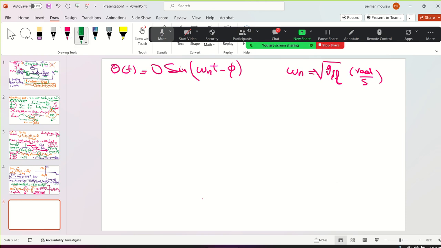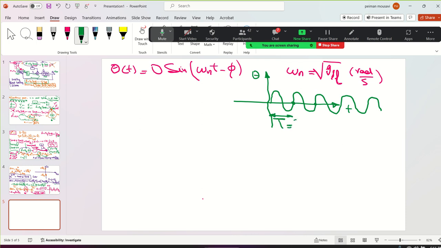You're going to tell me what's the connecting point to the control class. Bear with me, guys. I'm plotting theta versus time, and it oscillates forever, repeating. Here is the period, T. You know that the period is 2 pi over omega n.